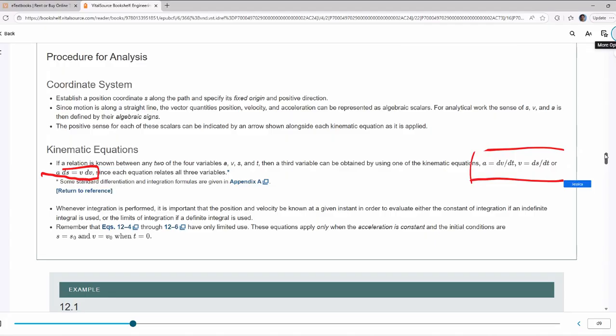That is a first order differential equation. Then using the kinematic equation, we solve for velocity or position or something else, maybe time too. From the problem itself, we can find the lower limit and upper limit, often called boundary conditions or initial conditions.